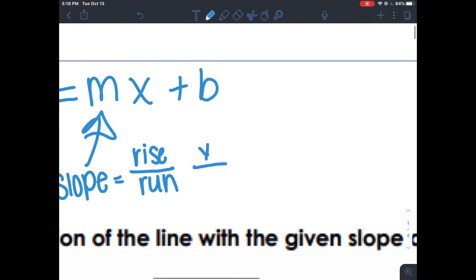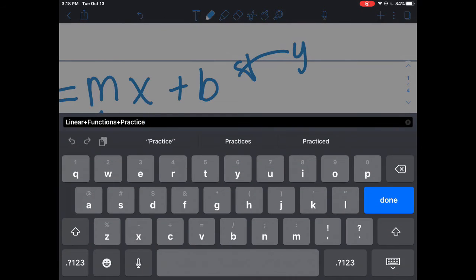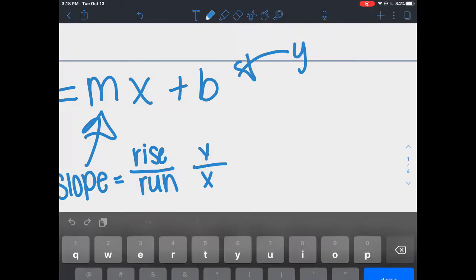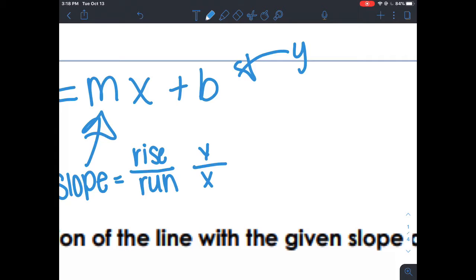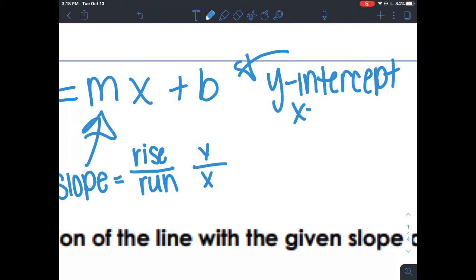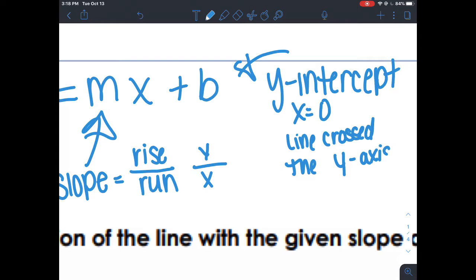Rise is your y values, run is your x values, and b is your y-intercept. So where either x equals 0 or where your line crosses the y-axis. Okay, that's the one going up and down.